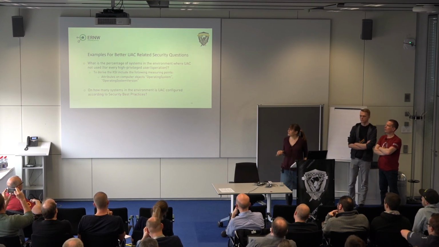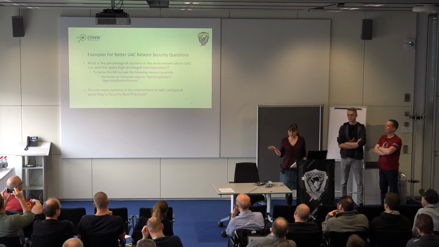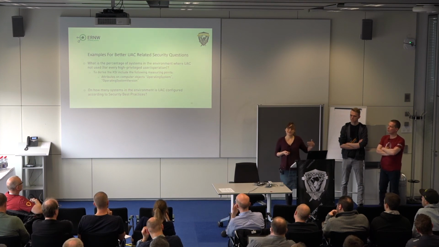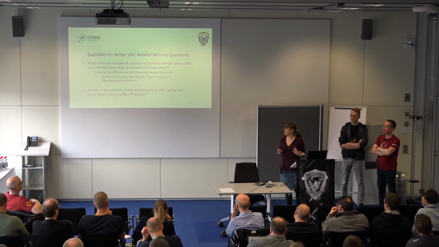If you have these two question answers, you can go further and ask, okay, if UIC is enabled but not according to best practices, what are the main deviations? So you go back and use it as an ordinal scale. You make an algorithm on an ordinal scale, which you're allowed to do.